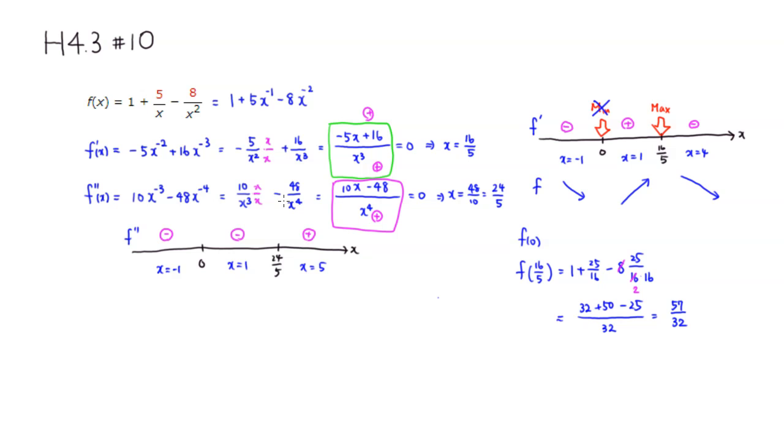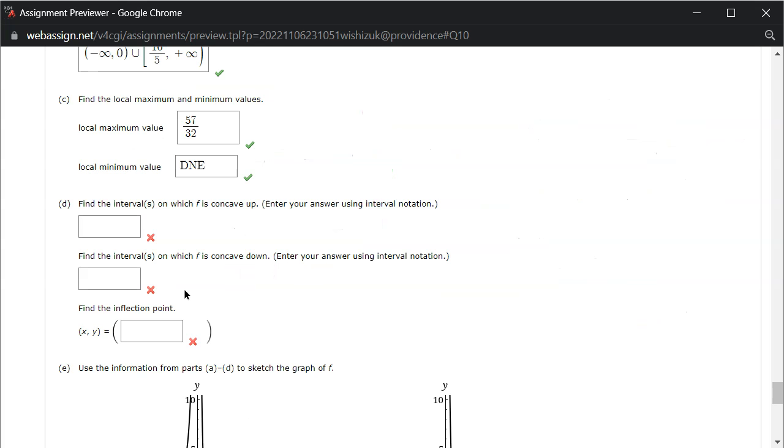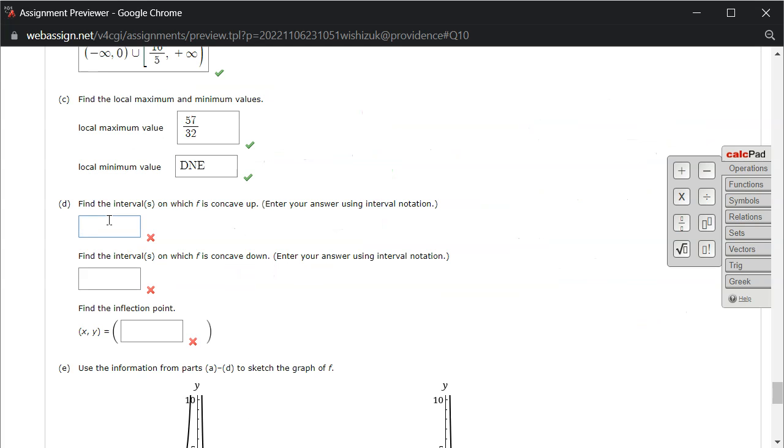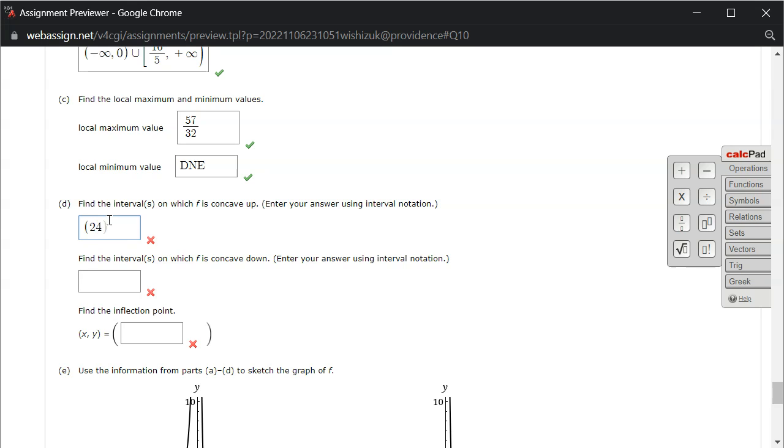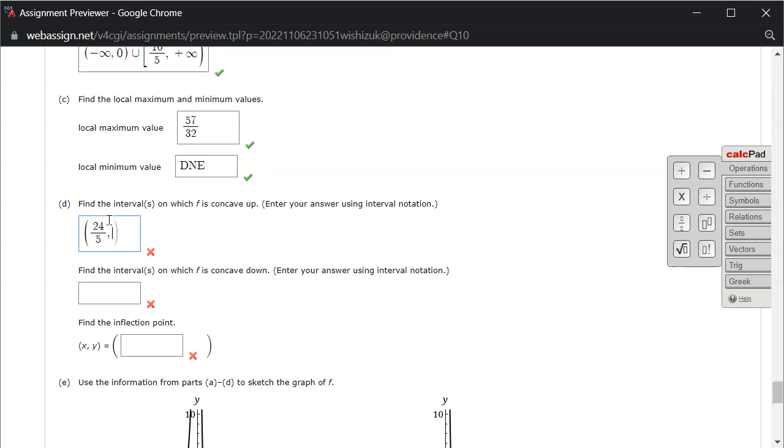So the original function f is going to be concave down here and concave up there. It's concave up only after 24 over 5. So concave up is 24 over 5 to positive infinity.